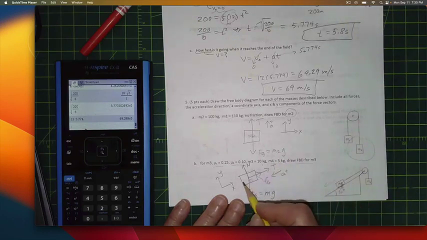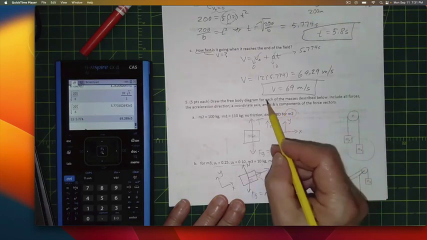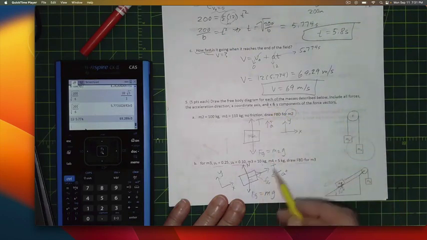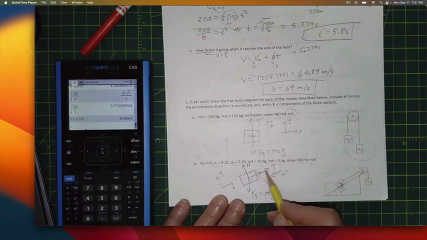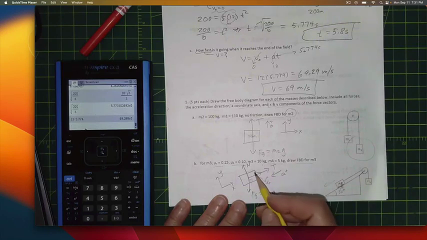All right, so now we need to break up the forces. We got our forces listed, our coordinate axes, our acceleration direction, but we need the X and Y components of the forces, because T is only in X, F friction is only in X, and N is only in Y, but our gravity has two components.